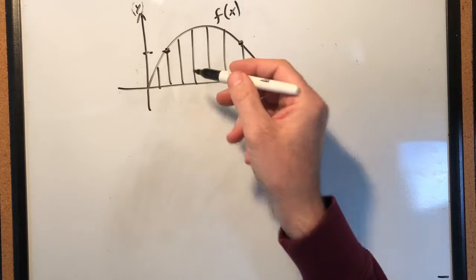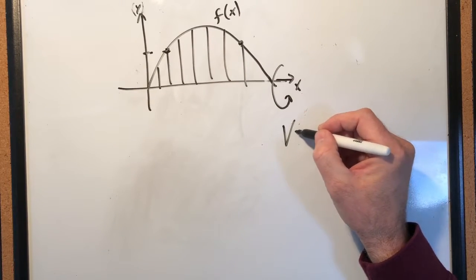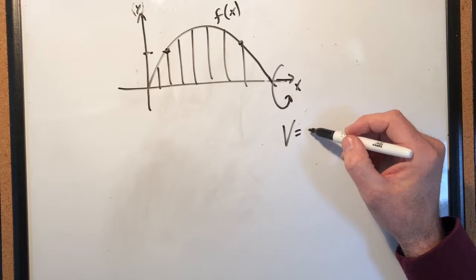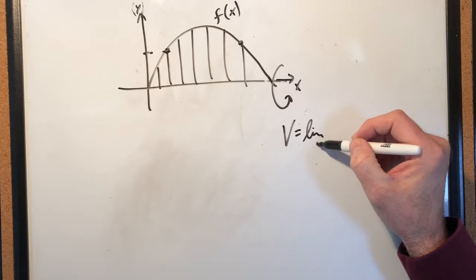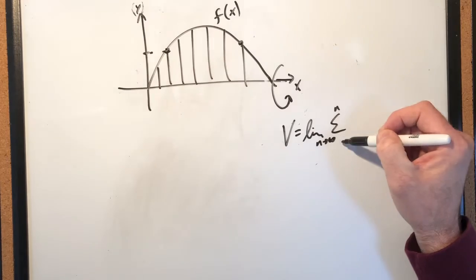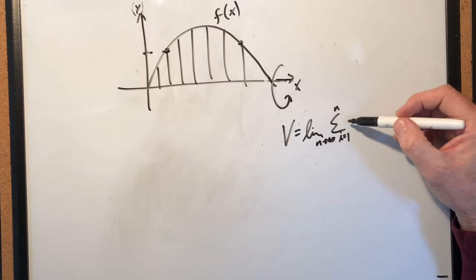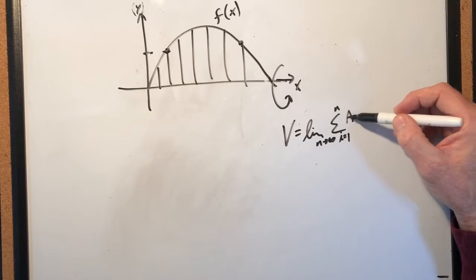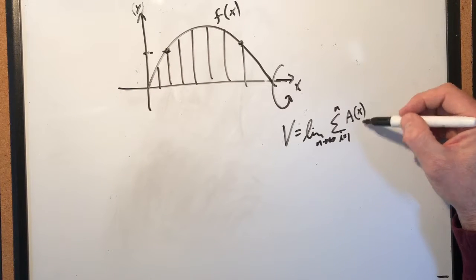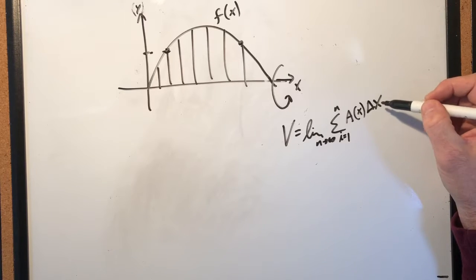So if you remember, if we were doing a typical volume here, we would start with volume equals, and then we'd have the limit as n goes to infinity, the sum of all n's starting with i equals 1, and then you would have the area as a function of x, and then delta x.